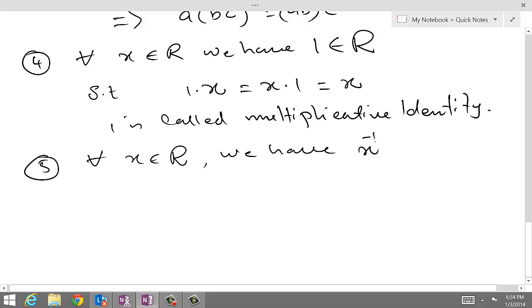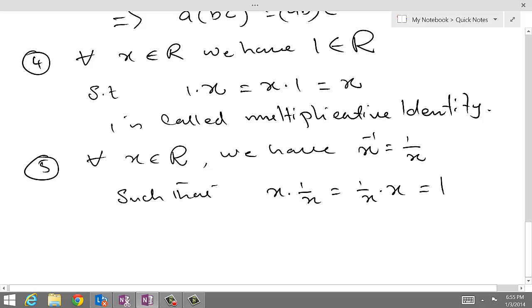This is how it gets denoted, which is equal to the reciprocal of the given real number, such that x times 1 over x or 1 over x times x, the answer is always the multiplicative identity.